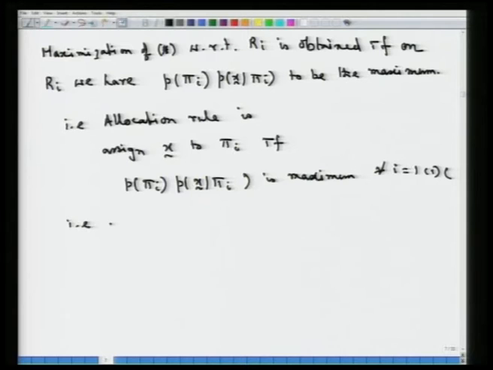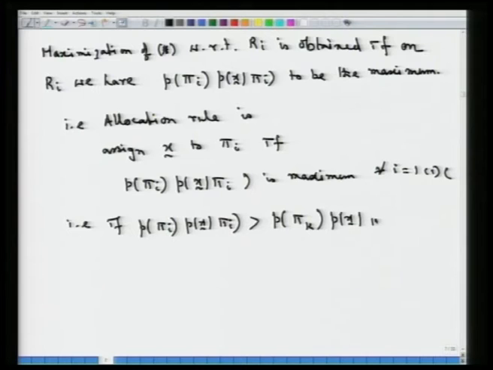That is, if we have p(πi) into p(x given πi) to be greater than p(πk) into p(x given πk). This is true for every k equal to 1 up to c, where k is not equal to i, right.